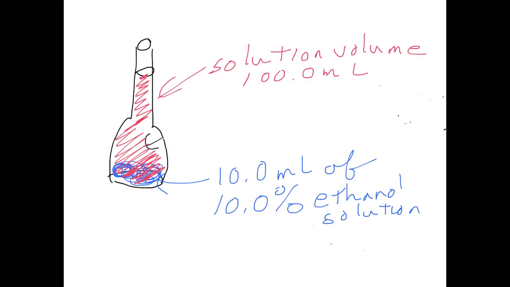The formula goes like this. The percent of the concentrated solution that you have times the volume of the concentrated solution you have equals the percent of the dilute solution you're going to make times the volume of the dilute solution you made.